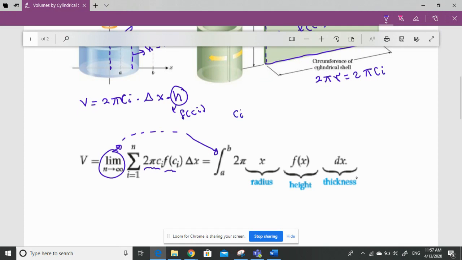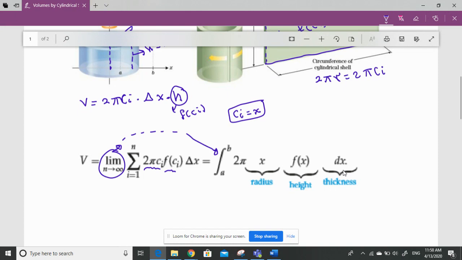Ci in the definite integral, I will put as x. So the volume based on the cylindrical shells is the definite integral from a to b of 2 pi x f of x dx. 2 pi x is the radius, f of x is the height, and dx is the thickness.